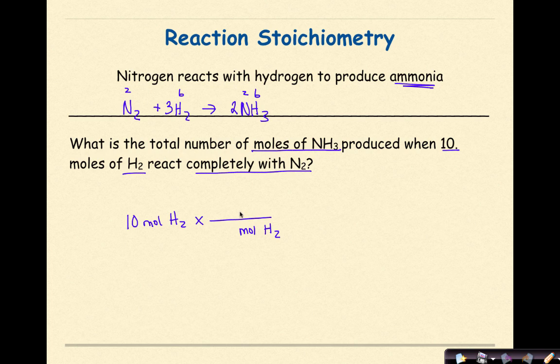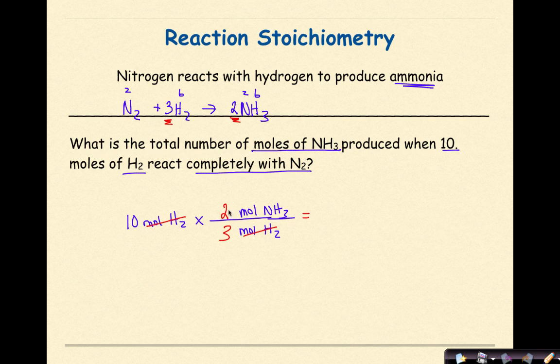I want the total number of moles of NH3 on top. So again, I'm going to go to my balanced equation. I'm going to look at the coefficient in front of the H2. That's a 3. I'm going to look at the coefficient in front of the NH3. That's a 2. The 2 will go here. Moles of H2 cancels moles of H2.